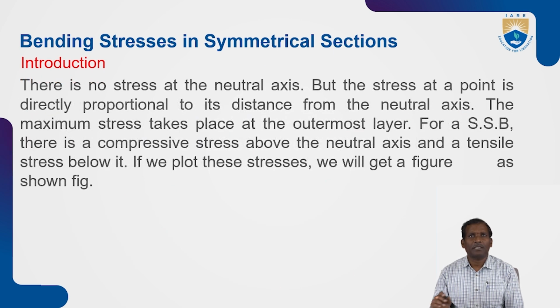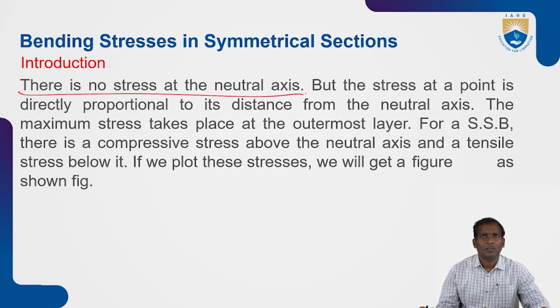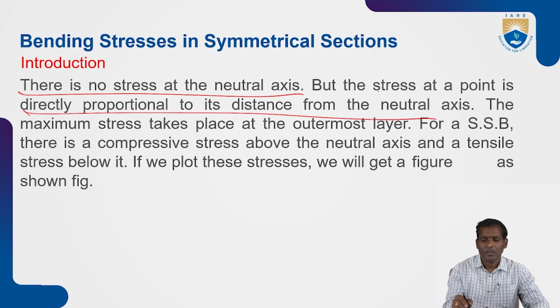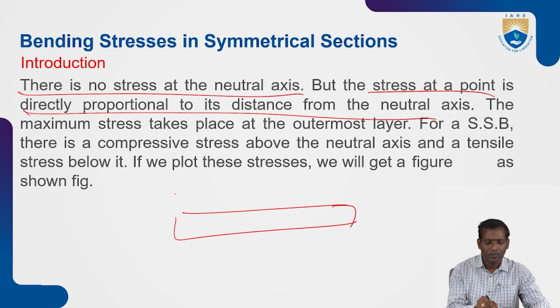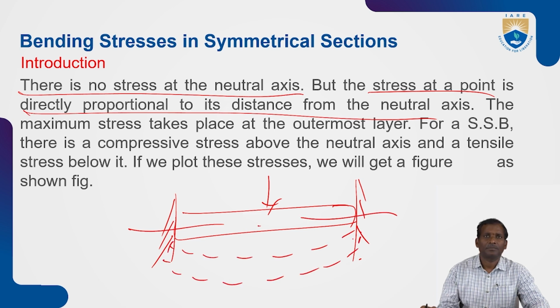So there is no stress at the neutral axis, but the stress at a point is directly proportional to its distance from the neutral axis. Suppose the beam is loaded and the bending is like this.